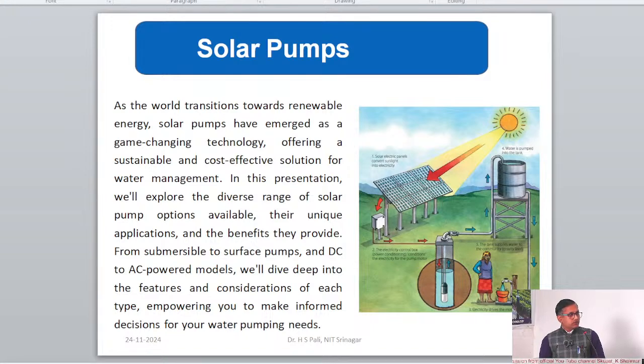We can put the submersible pump in the well or bore well, and the power is converted into pressure energy, which supplies the water from the bore well up to the desired position for different applications.